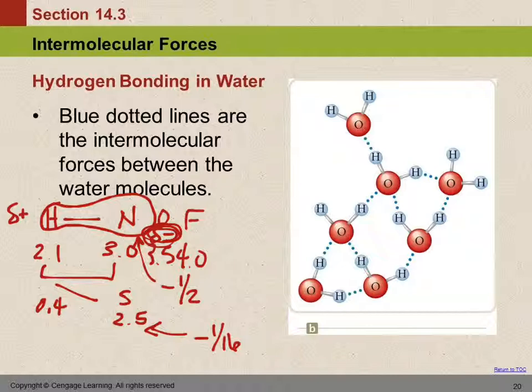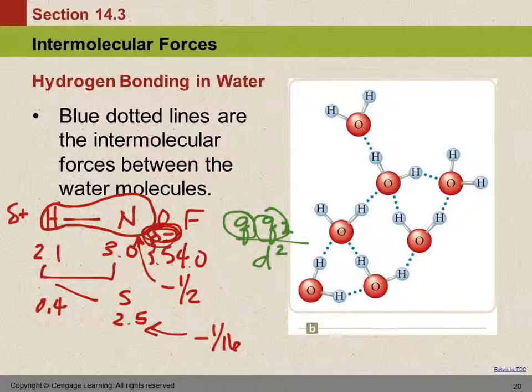There's something called Coulomb's law, and the force of attraction equals the charge on one object times the charge on the other object divided by the distance between them squared. That's the force of attraction between two charged particles. So if these Q's are larger, then the force of attraction is greater.